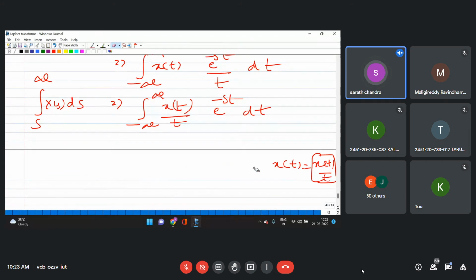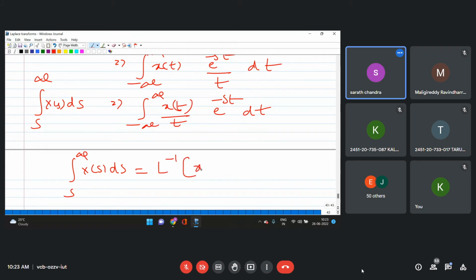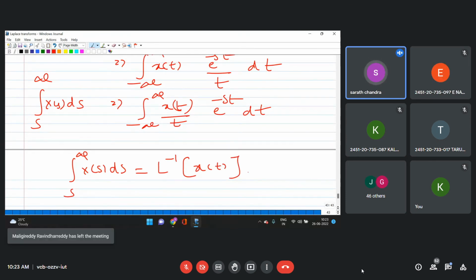Now what is the input in this term? X of t by t. So this is the input. How can I write this? Integral x of s ds equals the Laplace or inverse Laplace of x of t by t, because the input is x of t by t.